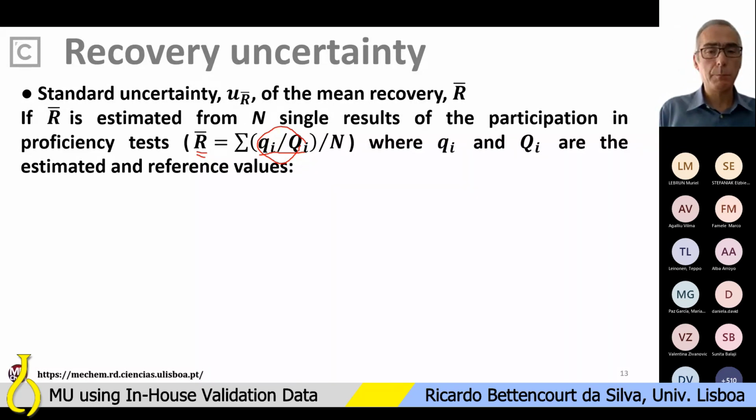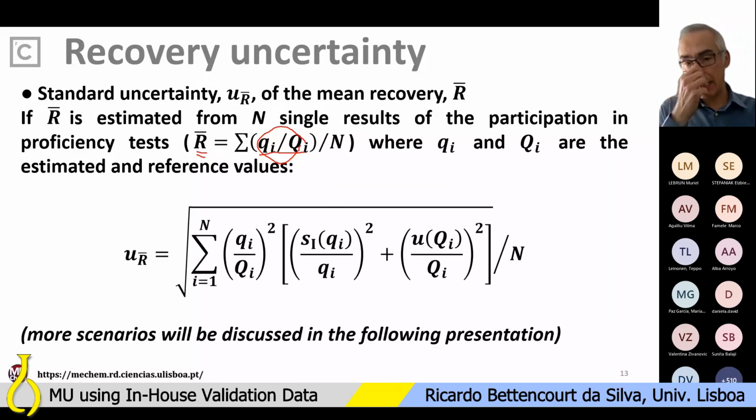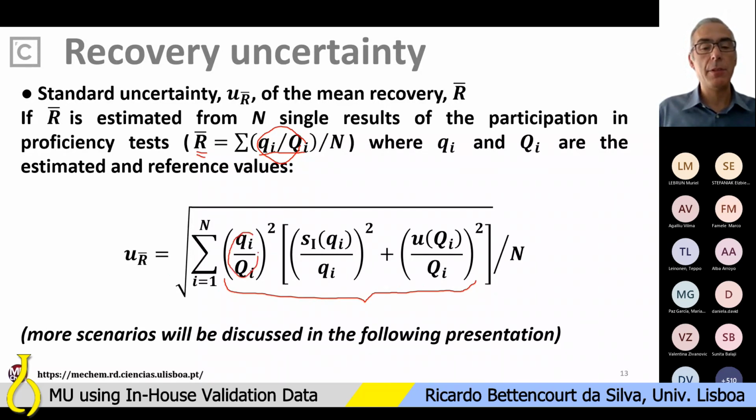Okay, if you do that, the standard uncertainty associated with this mean estimated recovery will be the square root of the sum of these terms, where for each participation in the proficiency test we have a term for the recovery. So this is the recovery for each participation in the proficiency test, the square of the recovery.